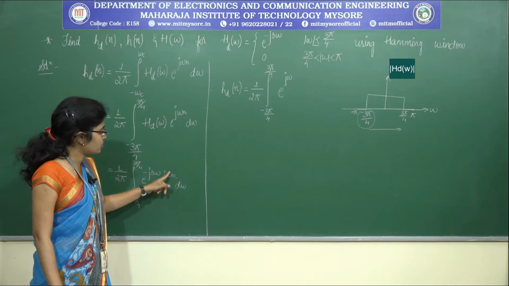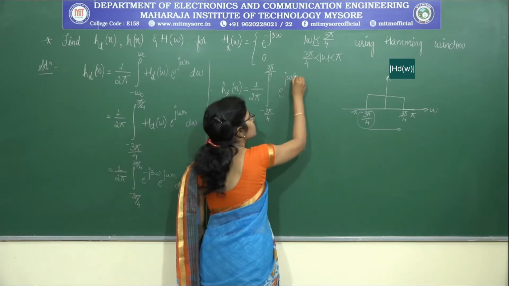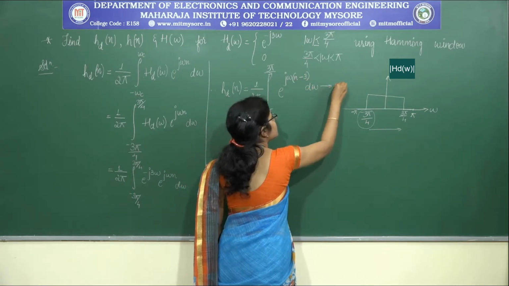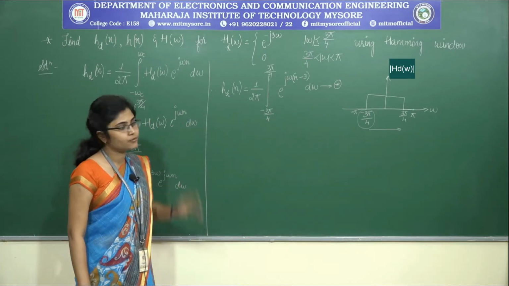The term left out is n and here it is minus 3, so into n minus 3 into d omega. Let us call this equation star. Now let us start dealing with equation star.